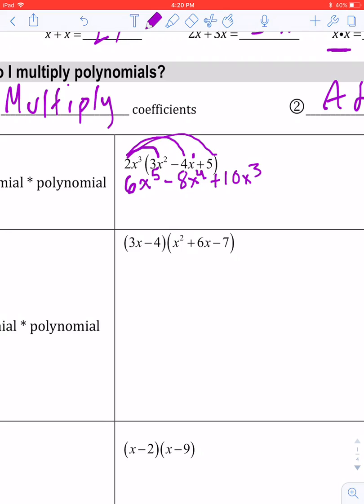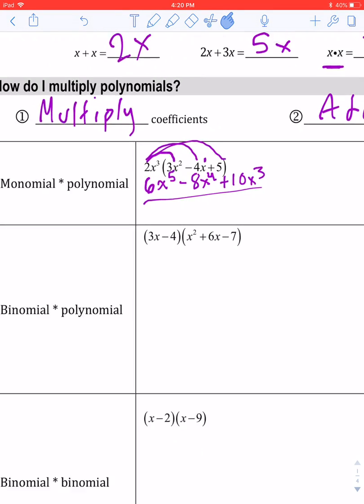Now in this case, because there's no added steps for us, I know that I don't have any combining to do with like terms because it's already in descending order, and I don't have multiple terms with the same exponent degree. Okay, so this one is done.